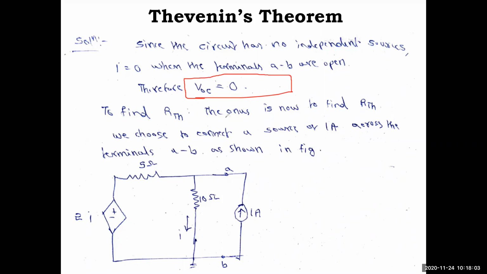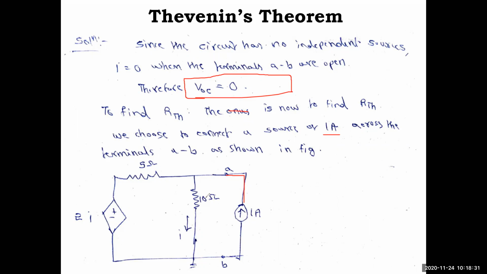Now to find RTH, we choose to connect a source of 1 amp across the terminals AB as shown in figure. The terminals were open, so for that we have connected a 1 amp current source in the upward direction.